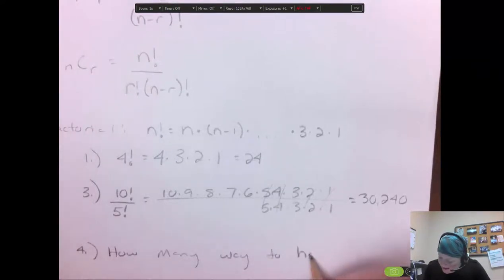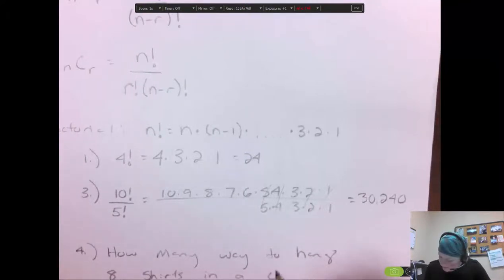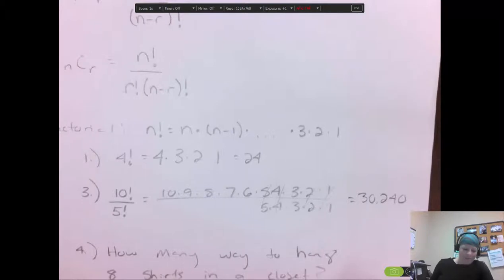Okay, so you have 8 choices for the first one: 7, 6, 5, 4, 3, 2, 1.